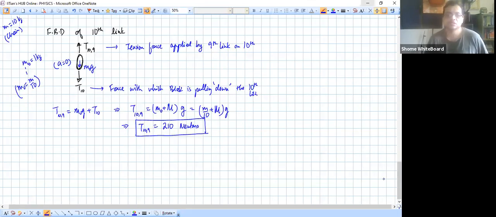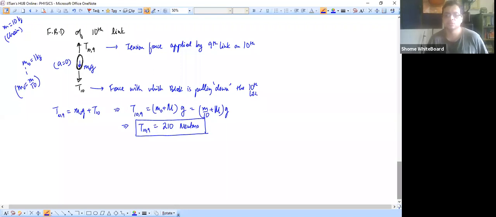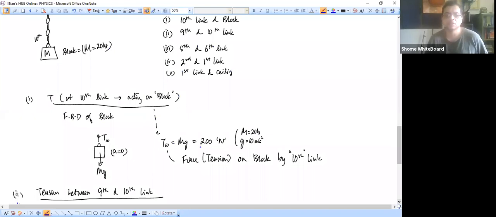Just to illustrate this point a little bit more, before you write this down, let's try to understand what is happening here. This block, the 10th link is applying a force like this on it. Now similarly, the 10th link is experiencing a downward force like this and an upward force that the 9th link is applying on it.